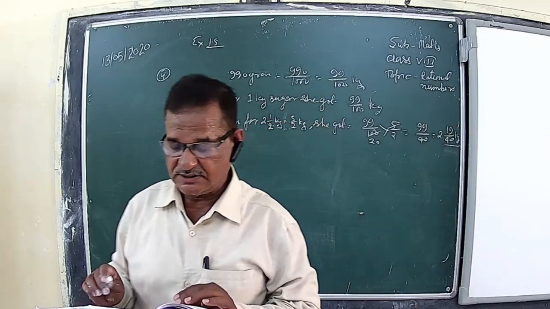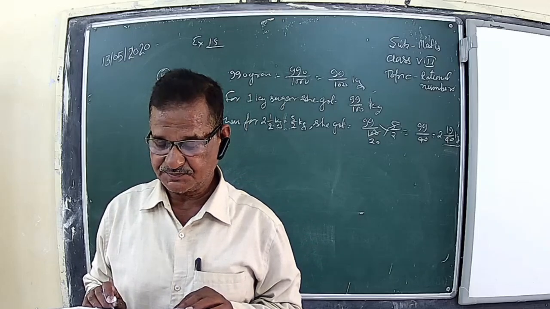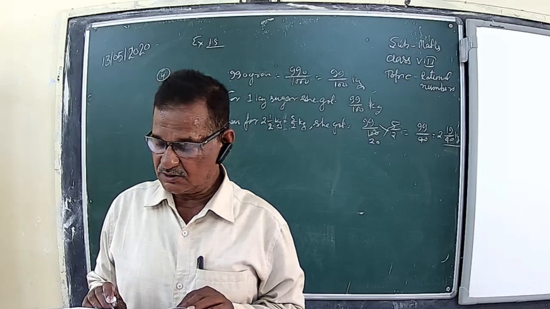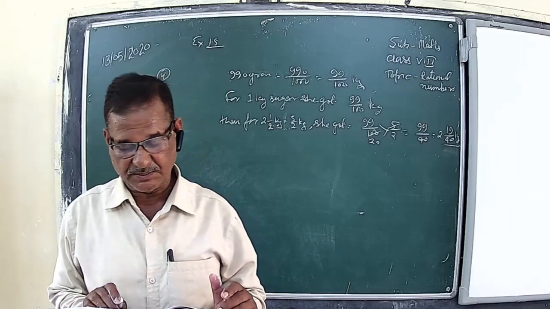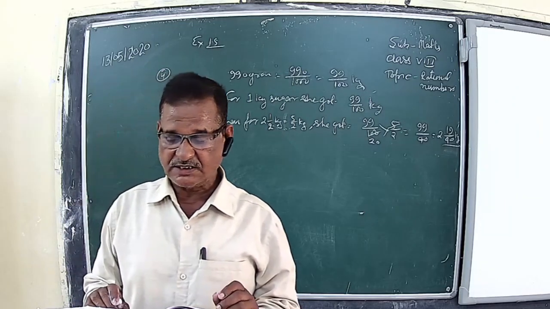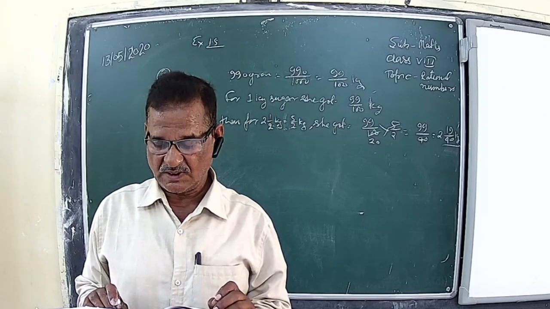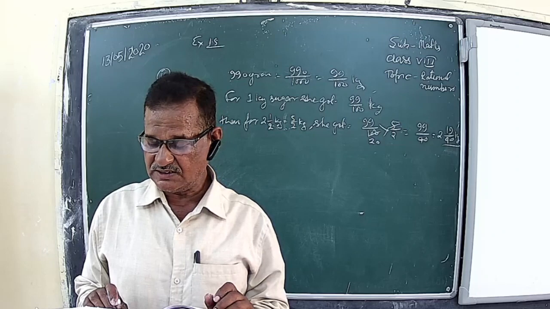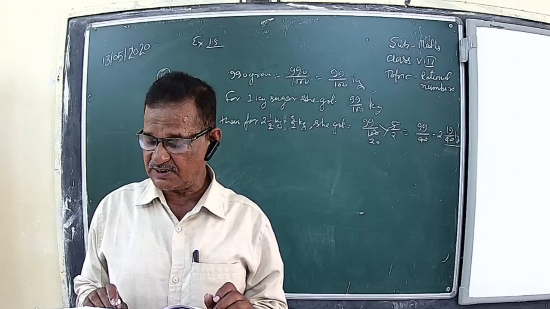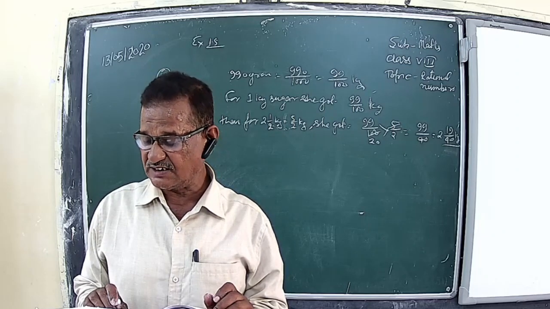Now, some difficult questions are coming, so let us see question number 7, part C. Sachin can finish a work in 24 days. He started the work but left after 6 days.